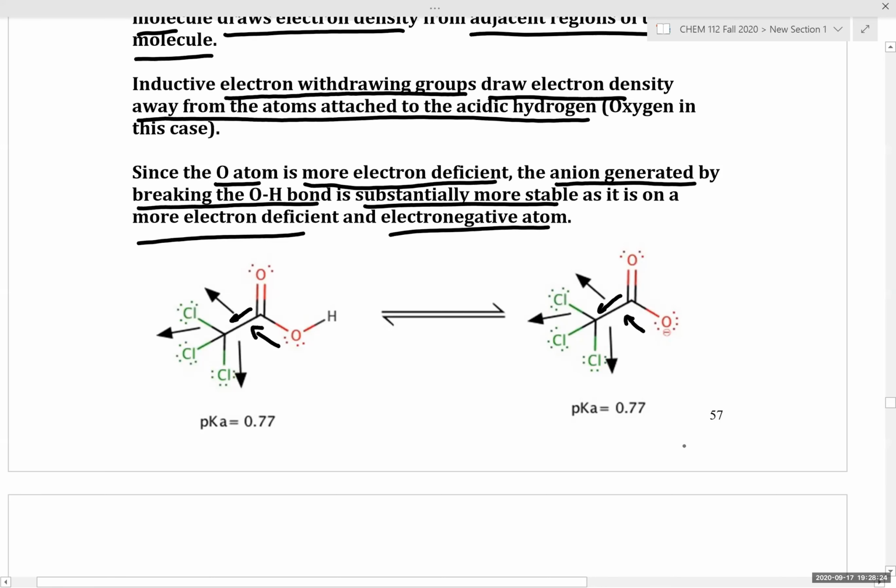Does that make sense? So it's not direct resonance delocalization, but these inductive effects change the amount of electron density on the atoms in our molecule. They're more electron deficient, and as a result, they're more readily able to stabilize a negative charge. Any questions on induction? Any questions on inductive effects?